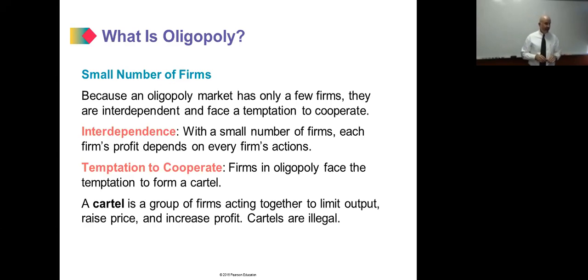Here's an interesting statistic. Cable television, entertainment, music and film, airlines, mass media, pharmaceuticals, computer and software applications, mobile phone services, smartphone operating systems, aluminum, steel, oil and gas would all be good and prime examples of oligopolies in our world.